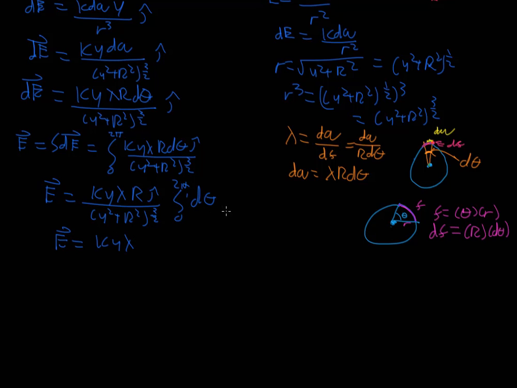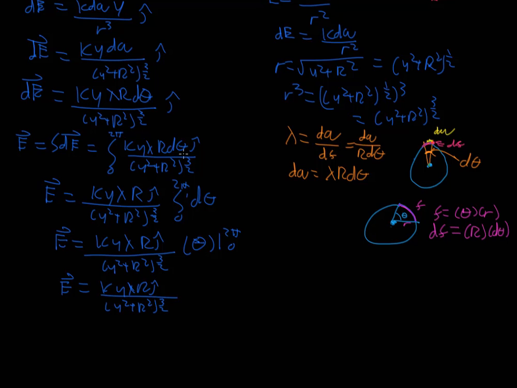And so you can just see that this is 2 pi. If we integrate all the d thetas, it's going to be 2 pi. But if you wanted to write it out a little bit more, you'd end up getting theta from 0 to 2 pi, so lambda r j hat over y squared plus r squared to the 3 halves, times 2 pi minus 0.